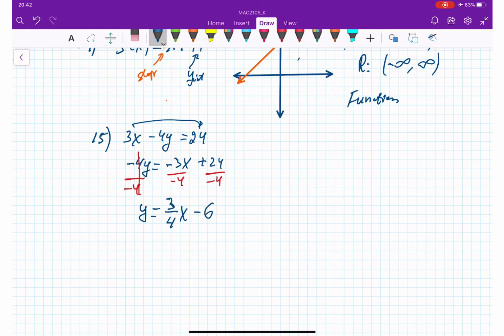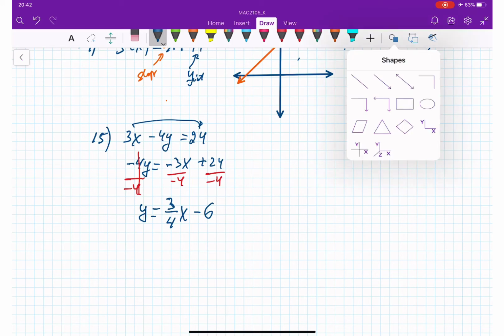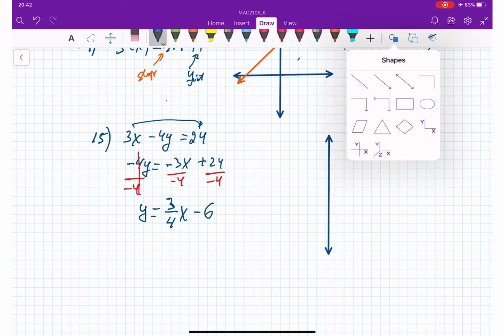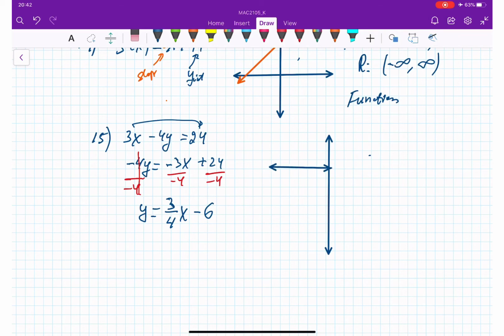Okay, so this is going to be our slope-intercept form of the equation. Now let's build this graph based on this slope-intercept form. Okay, we start with the y-intercept 0, negative 6. So 1, 2, 3, 4, 5, 6.